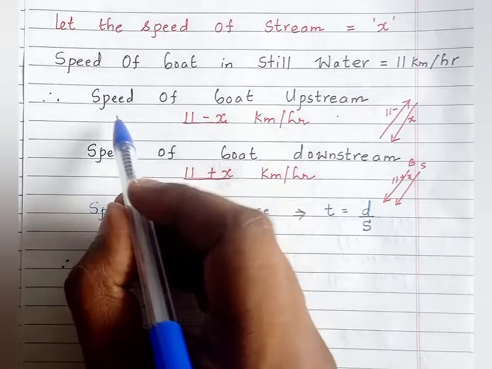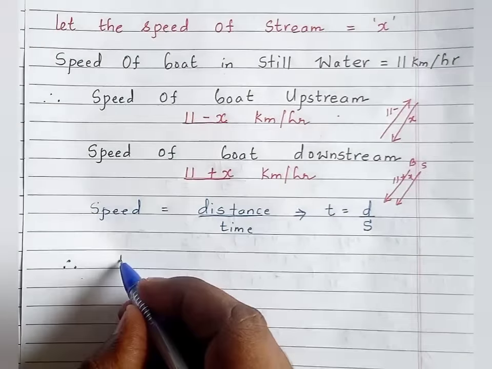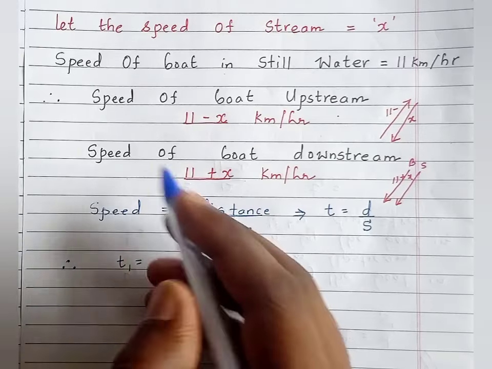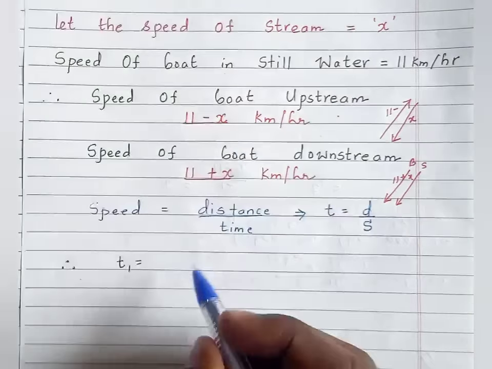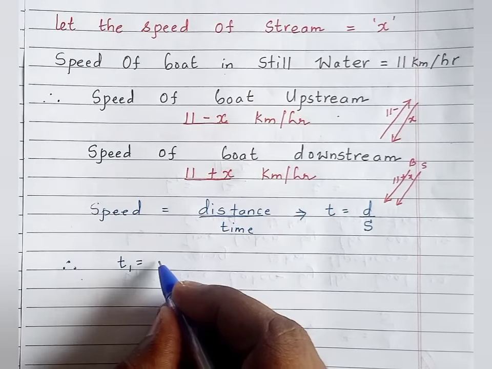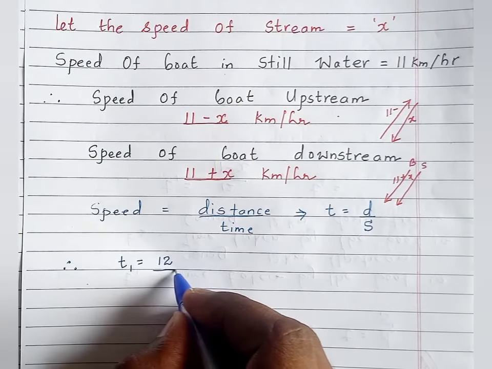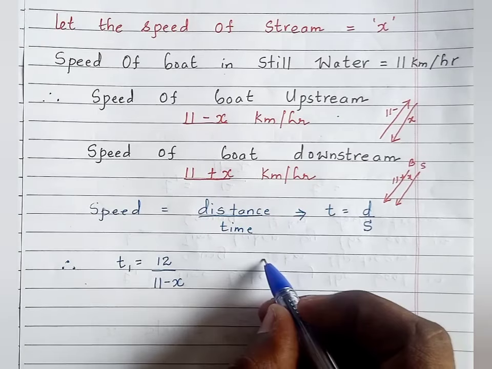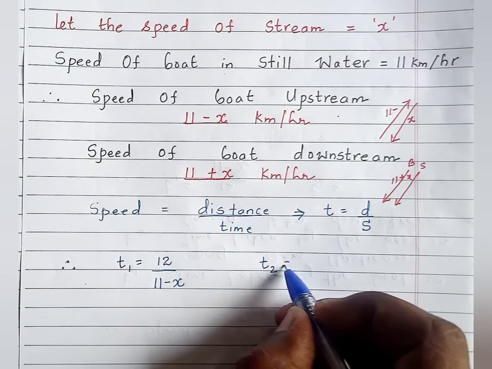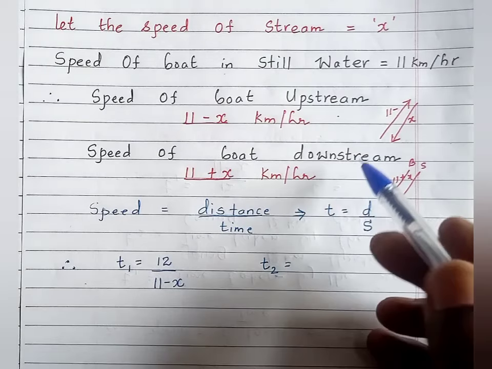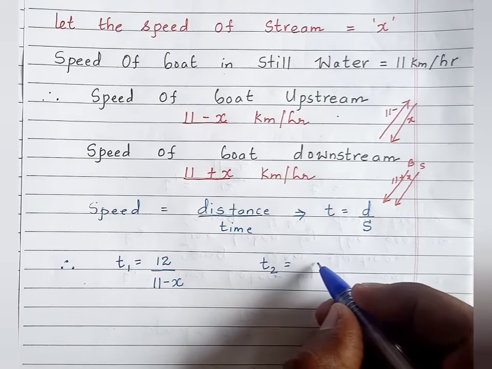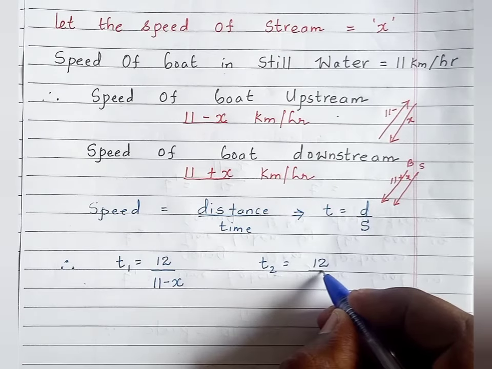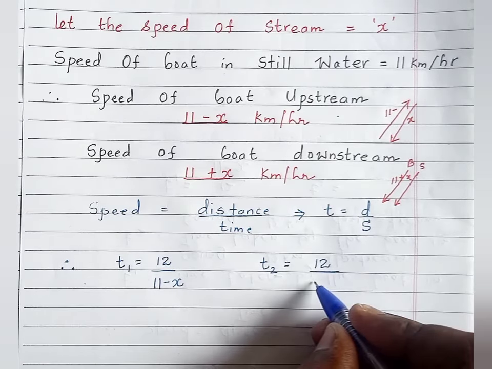Now time taken T1 for the boat upstream, the distance traveled is 12 kilometers, and the speed of the boat upstream is 11 minus x. Let T2 be the time taken by the boat downstream, the distance is the same, that is 12, by the speed of the boat downstream, 11 plus x.